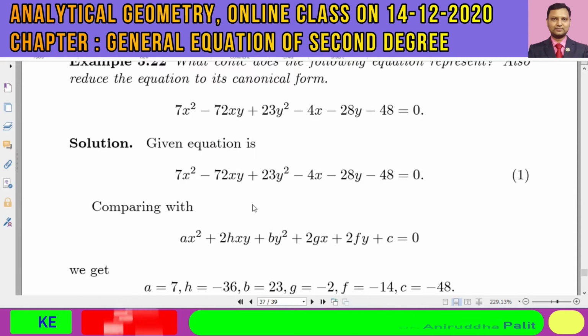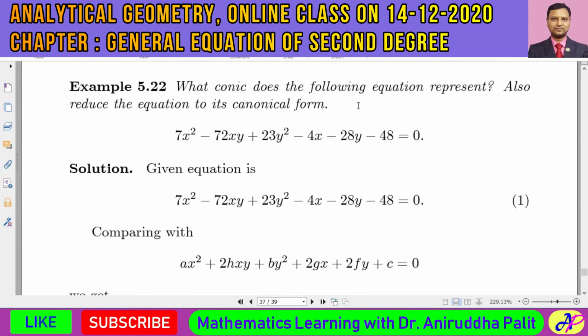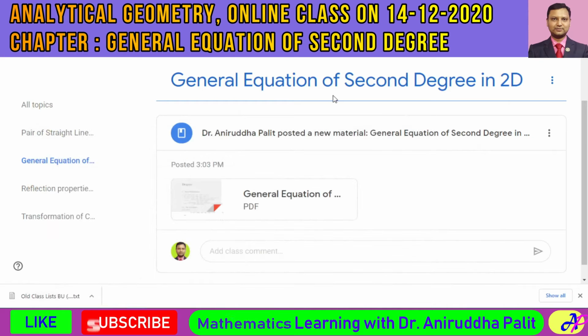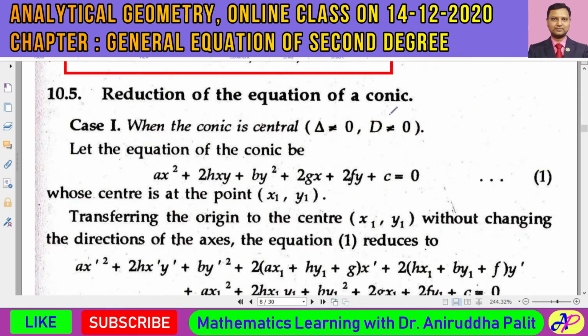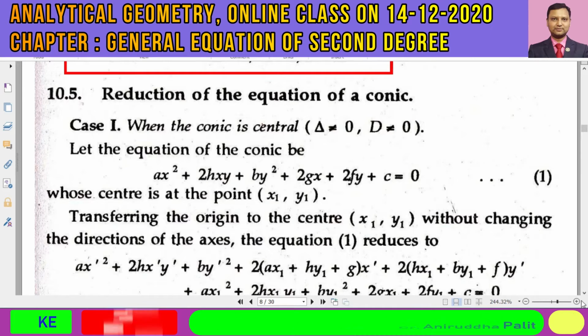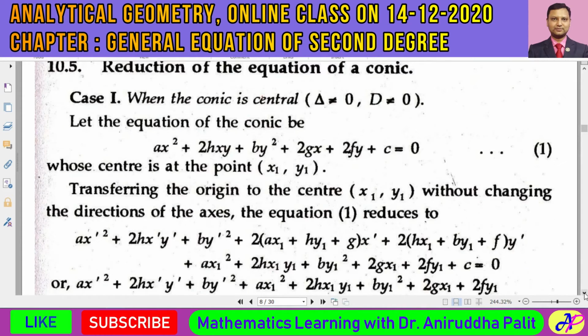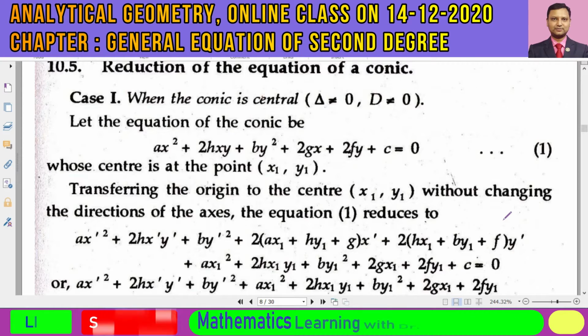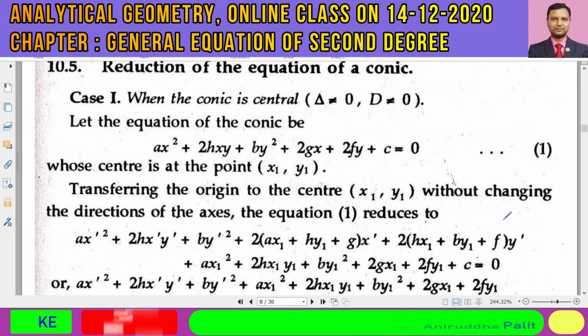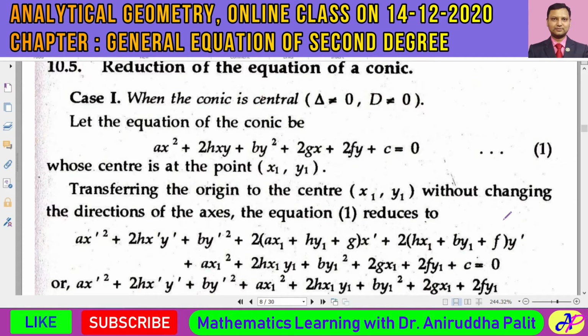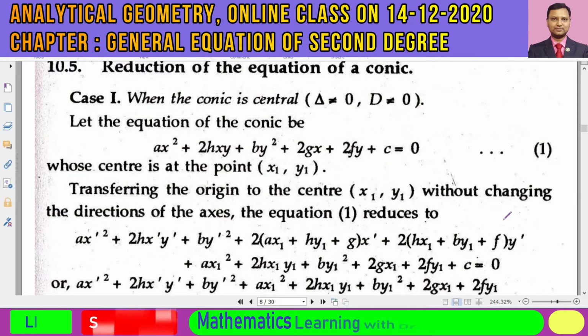But before that, let me continue this discussion. I told you that if delta is not equal to 0, this represents a conic, and that result has already been established in our previous classes.